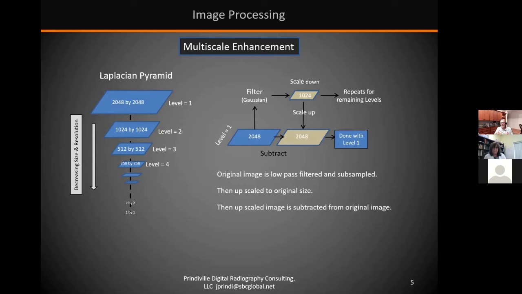All those things are going to be gone. But I'm not throwing them out. I'm going to take this and subtract it from this. So now I'm going to end up with the sharp detail, just the sharp detail that's in that spatial range. Only things that are really fine lines. That's all I'm going to get.